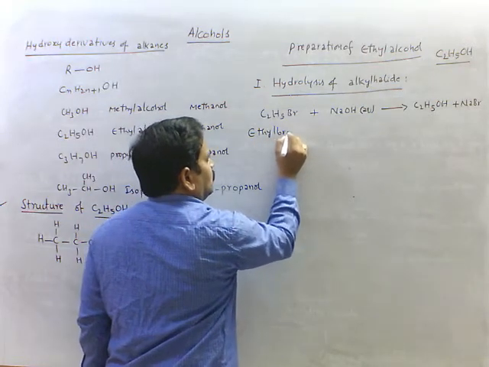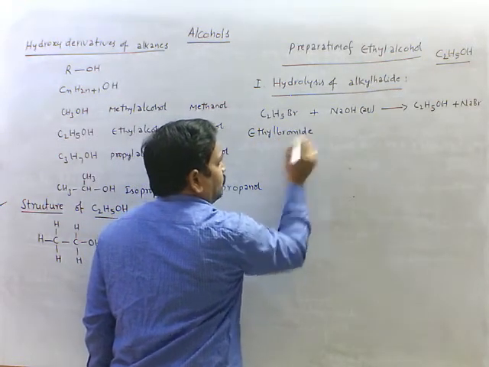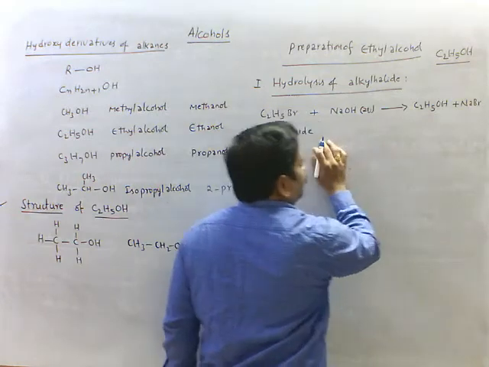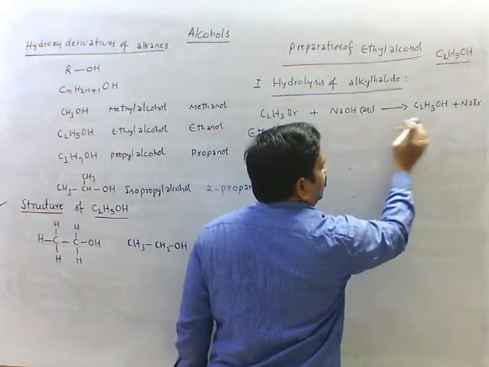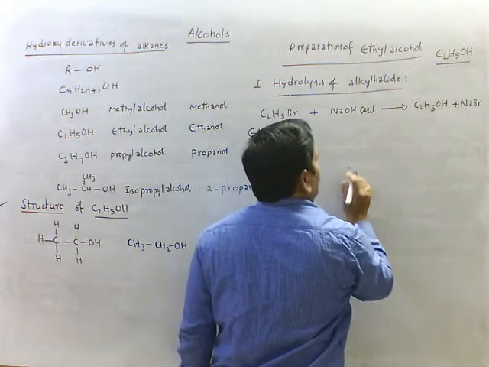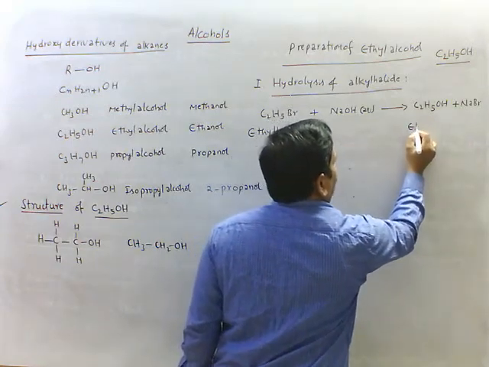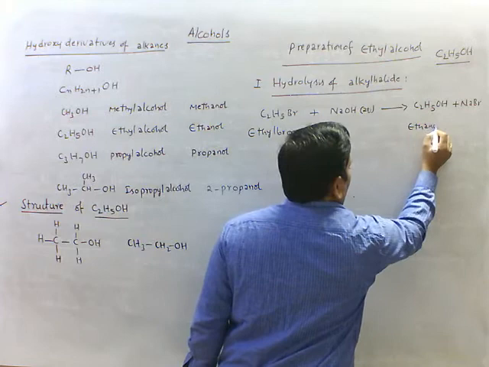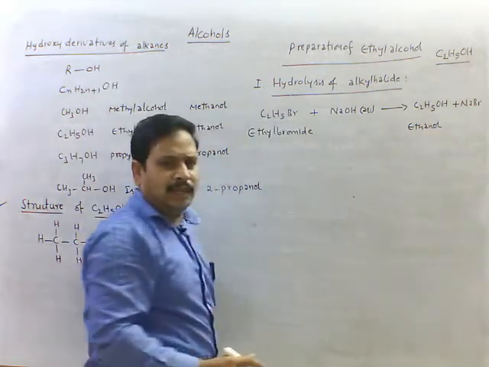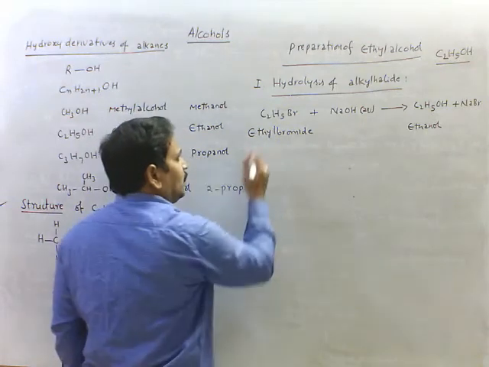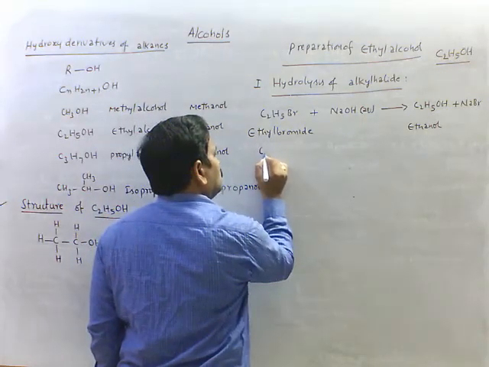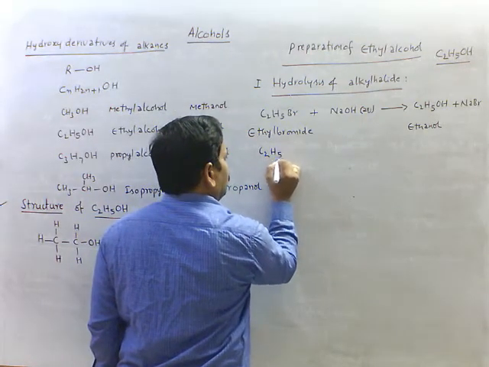Ethyl bromide treated with aqueous sodium hydroxide gives ethyl alcohol. This we call ethanol or ethyl alcohol. Now I am taking ethyl chloride also, C2H5Cl.